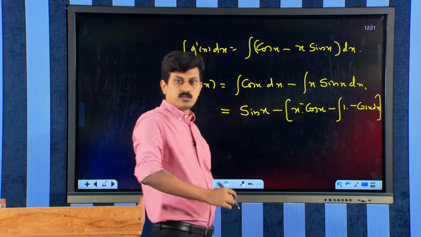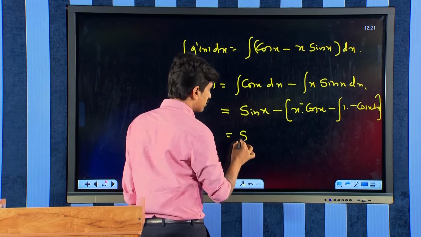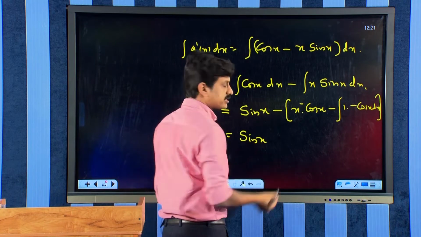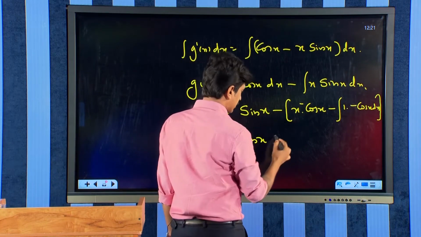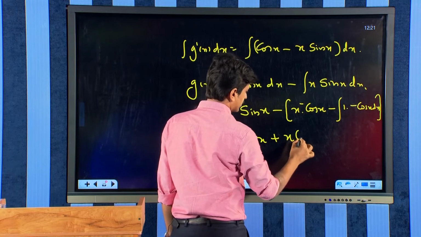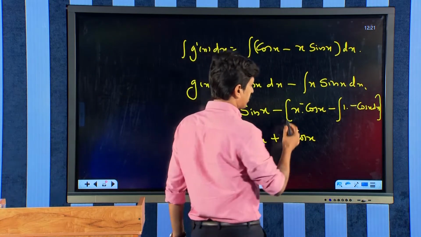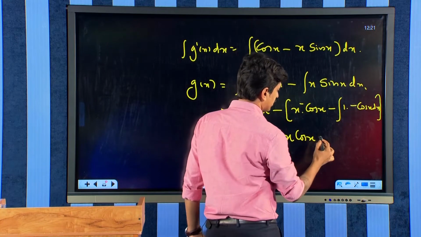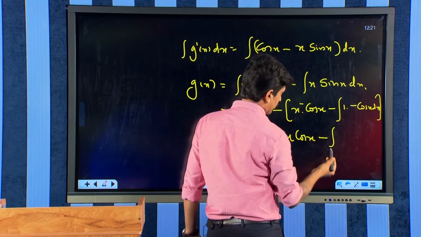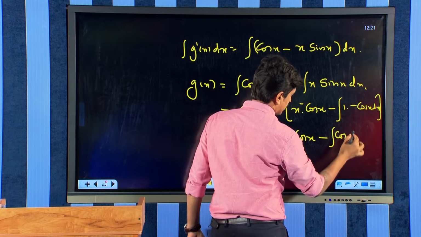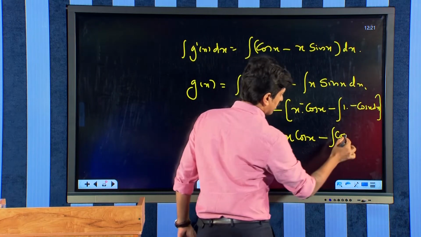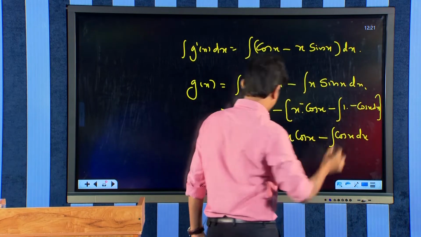So this is equal to sin x, and minus and minus will be plus x cos x. Since we have a minus here, it is minus the integral of cos x dx.